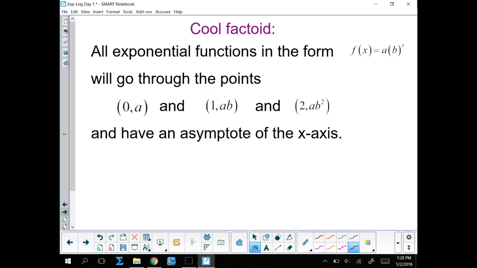They will also go through the points (-1, a divided by b), (-2, a divided by b squared), (-3, a divided by b cubed), and so on and so forth.